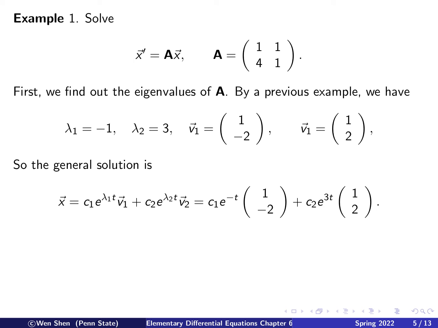Then we can use our recipe to form the general solution. X would be a linear combination of the two solutions: C1 times the first solution using lambda 1 and v1, and C2 times the solution using lambda 2 and v2.